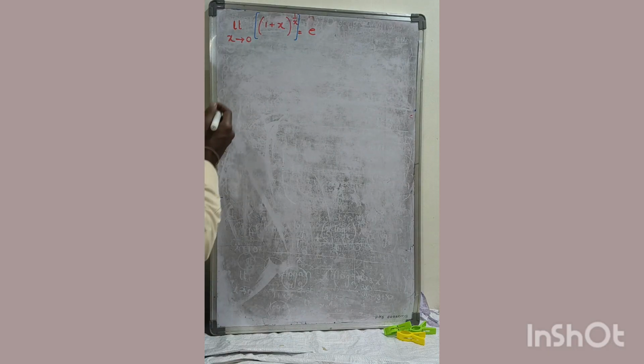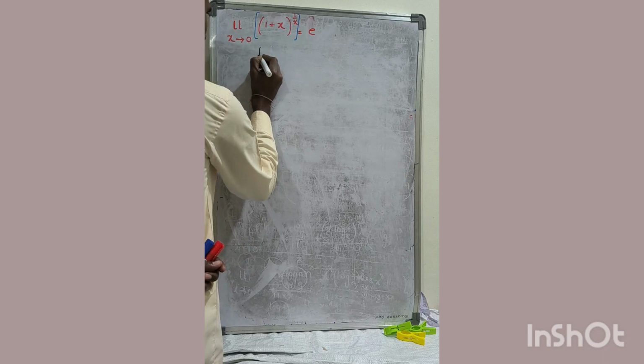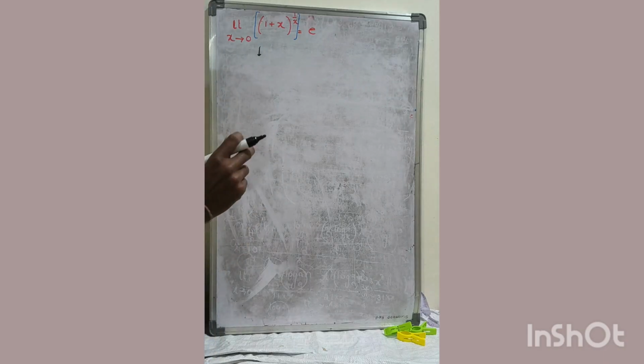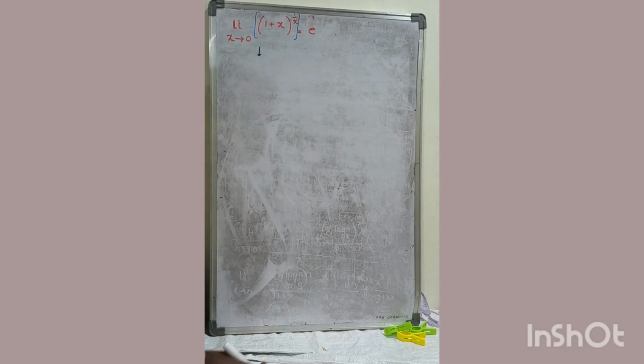One thing is clear: the approach needs to change, because whenever you see this 1 by 0, it automatically leads to an indeterminate form. Therefore, we should change the approach.